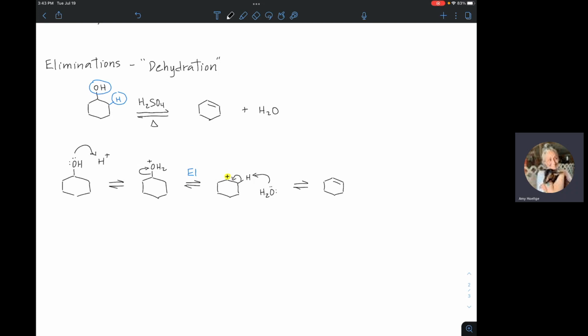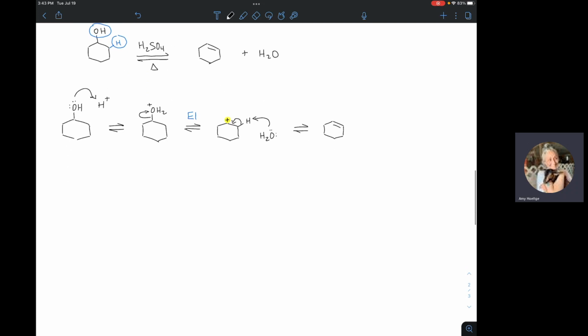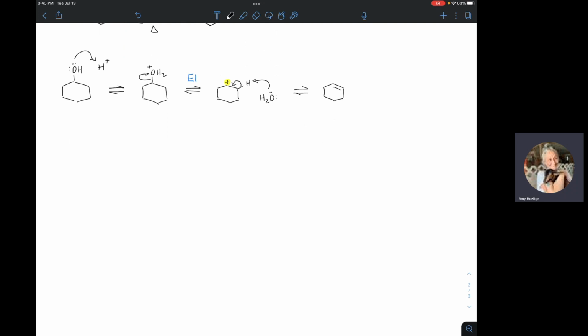So when the acid catalyzed dehydration leads to more than one elimination product, because in this case we're forming one, but it is possible that you could form more than one. So again, regiochemistry, right? Same thing applies as when we were doing substitution elimination reactions. The more substituted alkene will be the major product. So for example, I could take something like this.